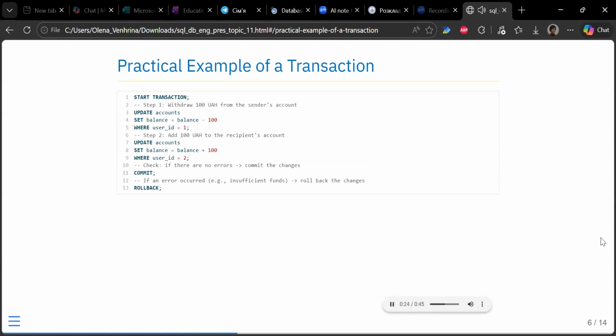Only after both steps have been successfully completed do we execute the commit command, finalizing the transfer. If a failure occurs at any stage, for example, insufficient funds in the account or a lost connection, the ROLLBACK command logic will be triggered, and the money will be returned to its original state, as if the operation never happened.